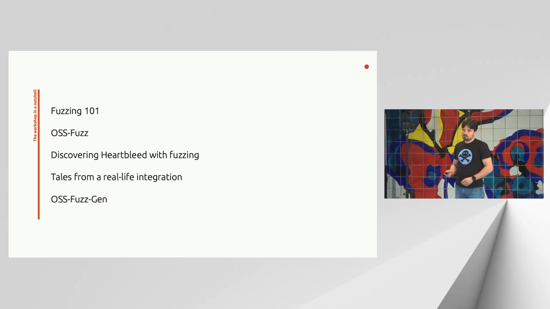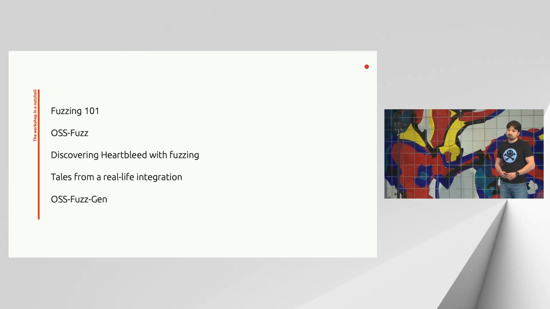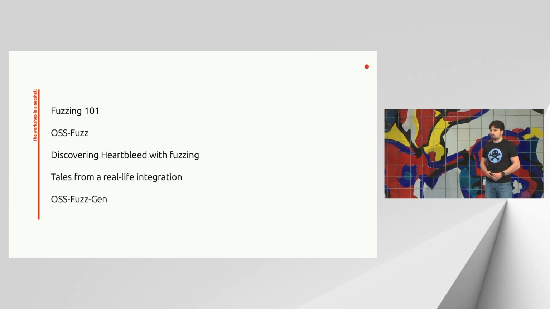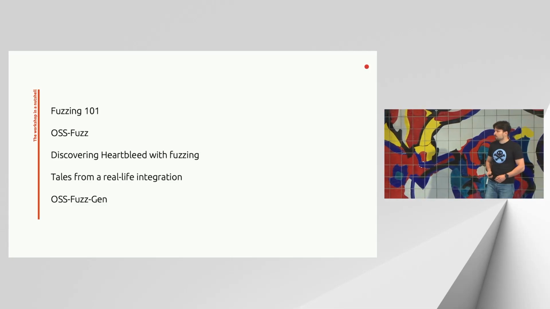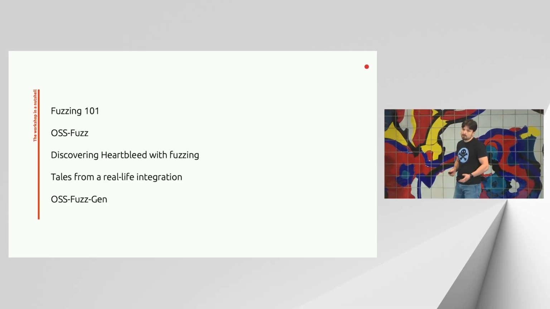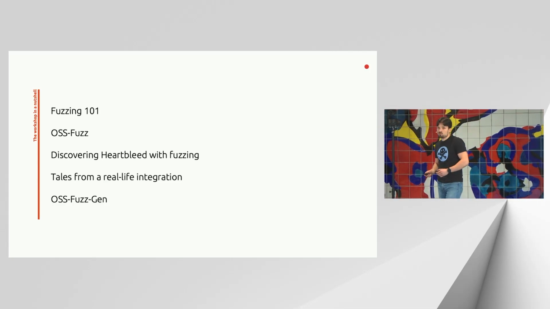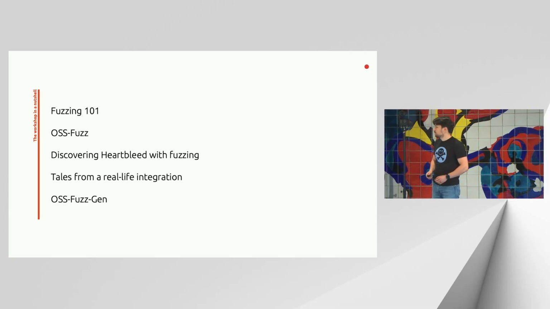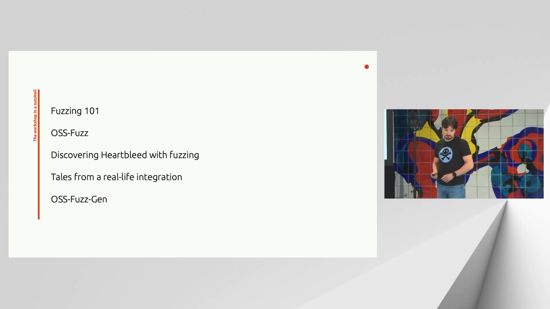We will have Zhengxi, who will join virtually to explain how he leveraged OSS-Fuzz to integrate the OpenPrinting projects into the fuzzing infrastructure. And in the end, we will talk about how LLMs are now used for fuzzing in the context of OSS-Fuzz-Gen.